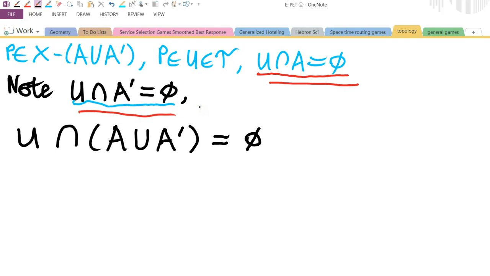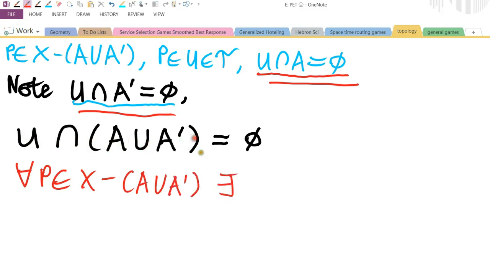Okay, so what we've essentially just shown, I'll write it in red now just to change the colours, is that for every single point outside of A union A dash, there exists an open set U which doesn't intersect with A union A dash.